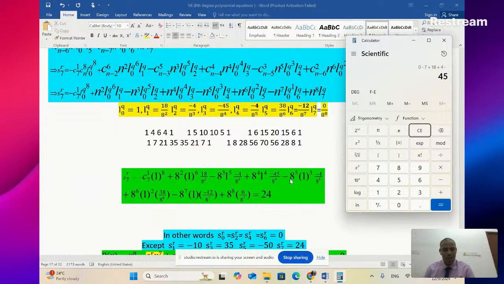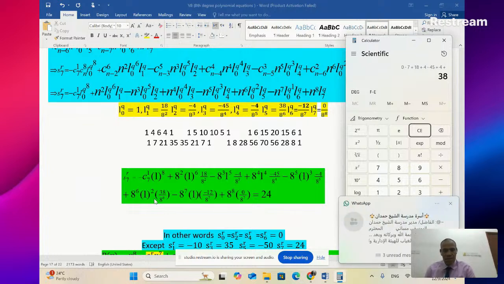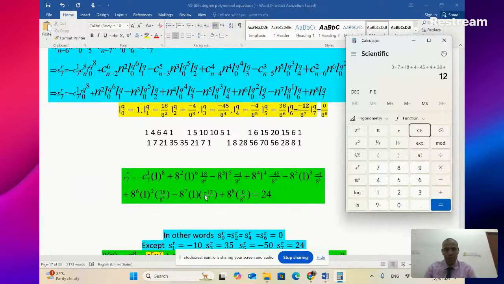Minus multiplied by minus is a plus. Okay, plus 4 only. Then plus 38, plus 38, plus 38. Then minus multiplied by minus is positive, means positive 12. Okay, plus 8 multiplied by 0 means the last one is going to be 0. So this one has to be equal to 24.